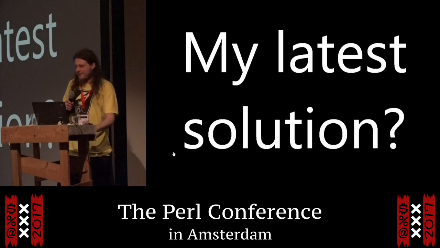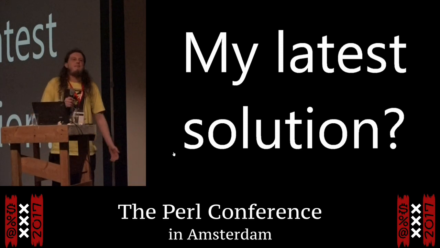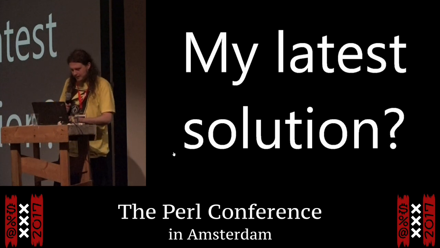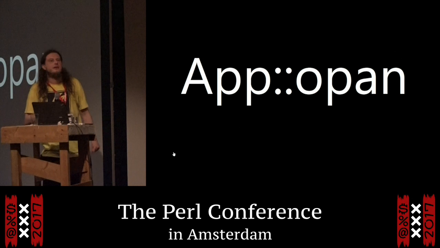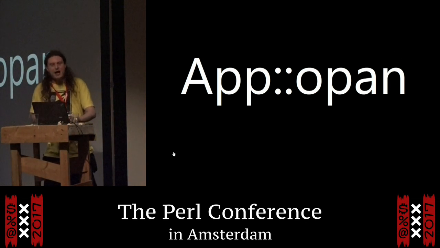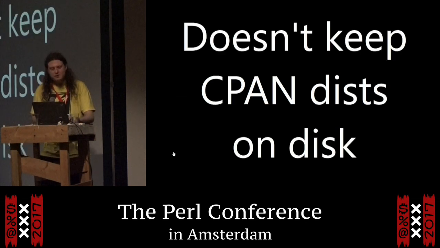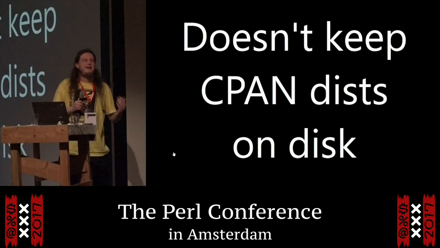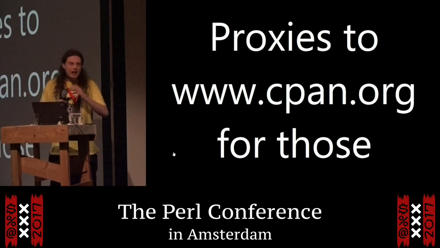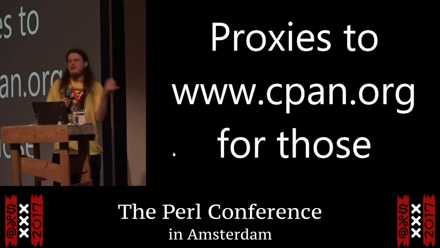But inevitably, me being me, there has to be a part of this talk where I got annoyed with all of the existing code. So I wrote a thing called AppOpan, which is designed to be an overlay over CPAN. Now, what I mean by it being an overlay is that it doesn't keep any disks that are actually on CPAN on disk, because what it does instead is if you make a request to an OPAN server for a disk that isn't there, OPAN runs on HTTP.